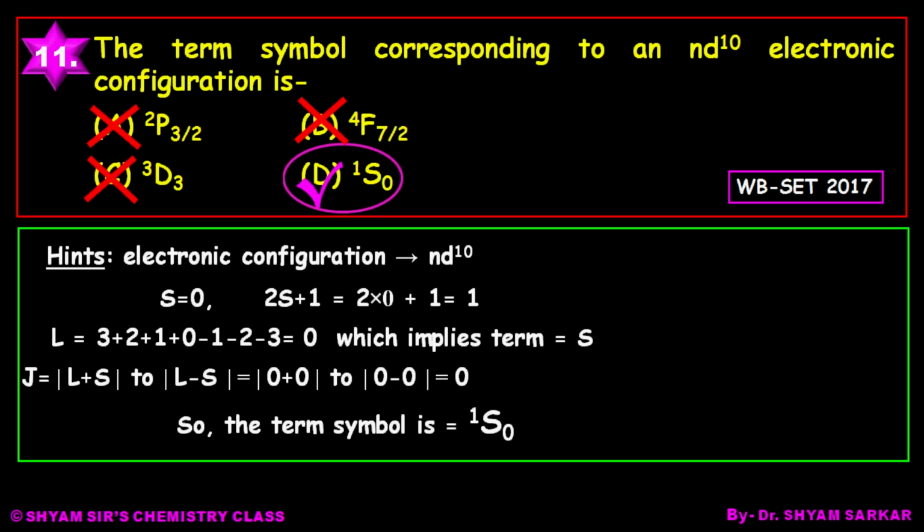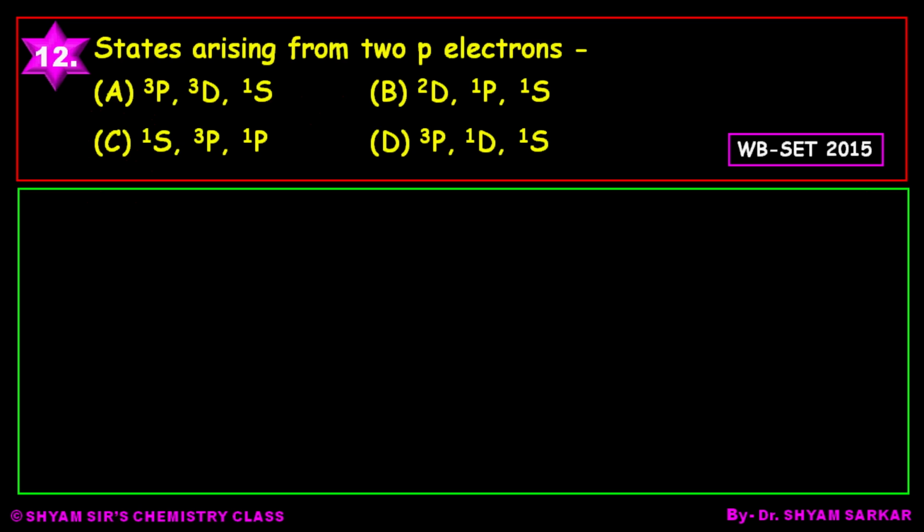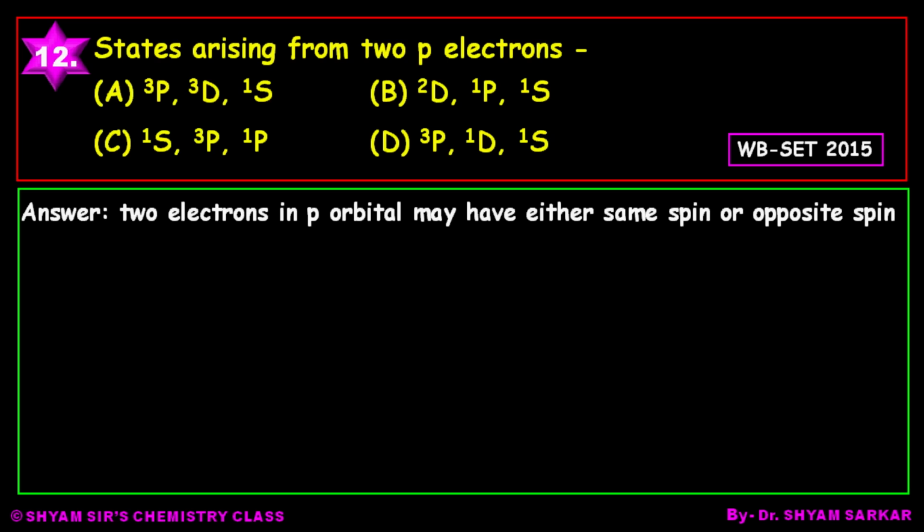Next question, states arising from 2p electrons. See, 2p electrons means p orbital but 2 electrons, but they have not said in which subshell the electrons are there. So they have given 4 options. You have to identify which option is correct. Two electrons in a p orbital may have the same spin or opposite spin, so you have to calculate for both.